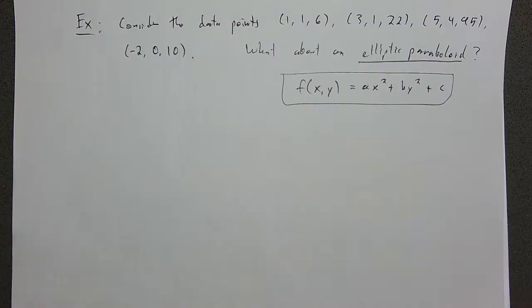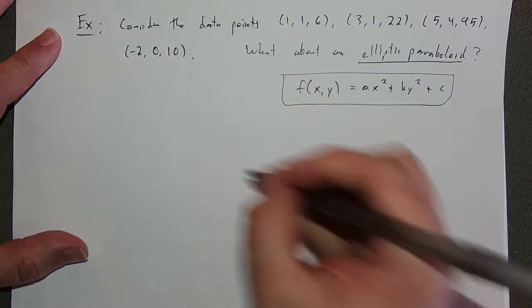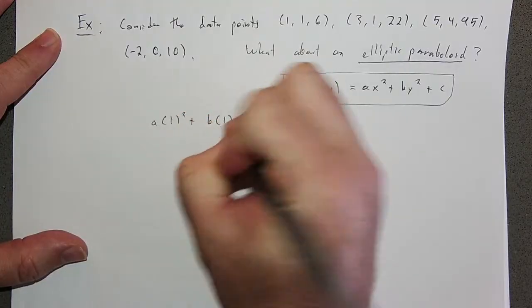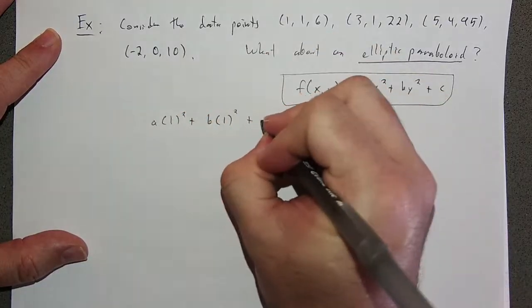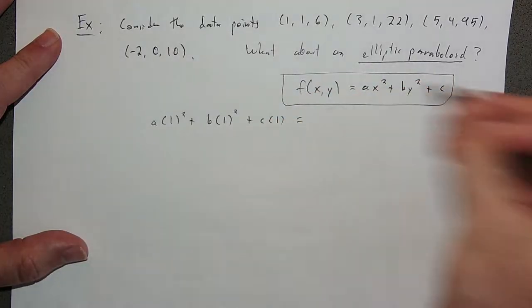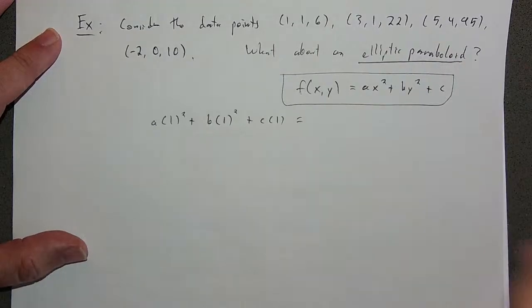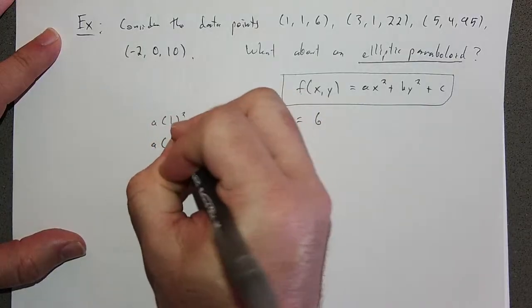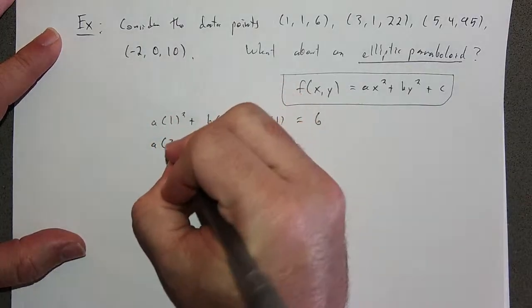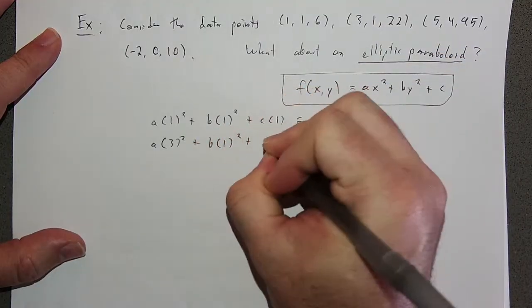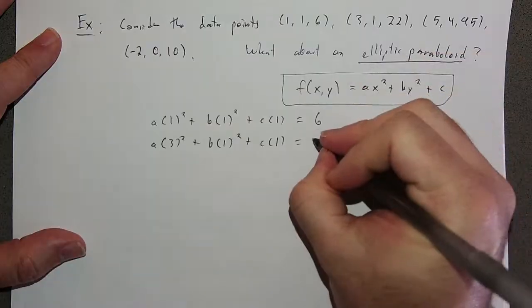But what would the system of equations look like for that? So for the first point, this would be a times 1 squared plus b times 1 squared plus c times 1, because it's always times 1 here, is equal to 6. Okay, and then next, a times 3 squared, this is for the second point, plus b times 1 squared plus c times 1 is equal to 22.